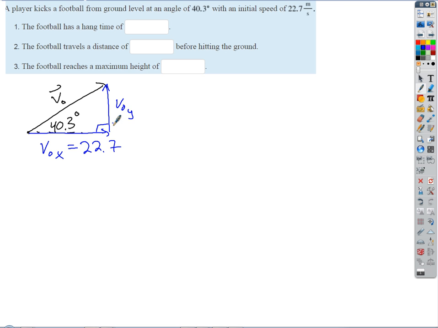You always multiply the vector times sine or cosine, so you tell me which one it's going to be. Cosine, yeah, because it deals with adjacent, doesn't it? SOHCAHTOA tells us cosine goes with adjacent. So 22.7 cosine of 40.3 degrees. Okay, so then we can set up our columns here.